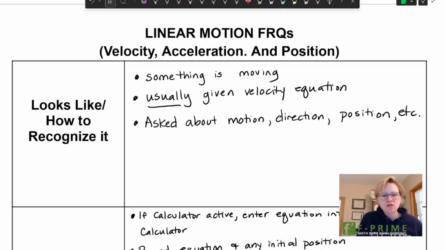In general, linear motion free response questions are pretty easy to recognize because in the problem, something is moving. Usually we're given some sort of velocity equation, and we're asked about motion, direction, position, total distance, acceleration, things like that. So how do we approach it?